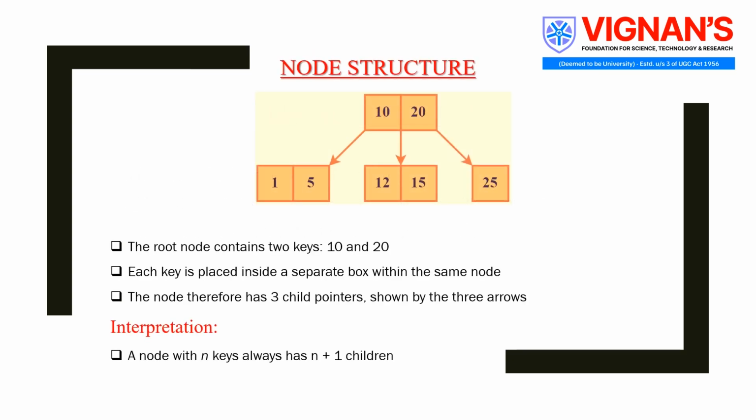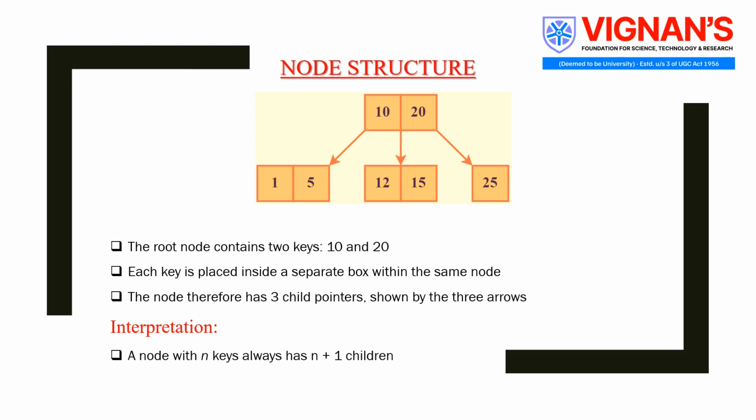Now, let's take a closer look at the structure of the root node in this example. As we can see, the root node contains two keys, 10 and 20. Each key is placed inside its own individual box, but both keys are part of the same node. Because this node has two keys, it naturally divides the data into three regions.